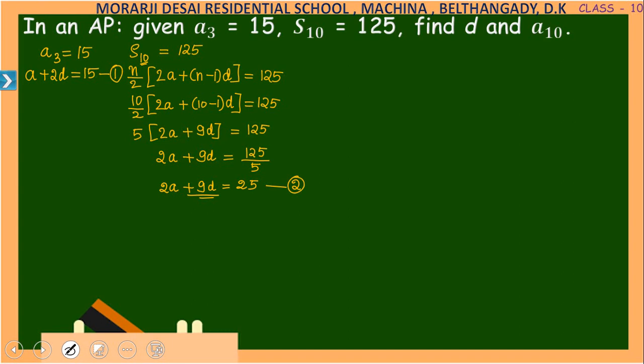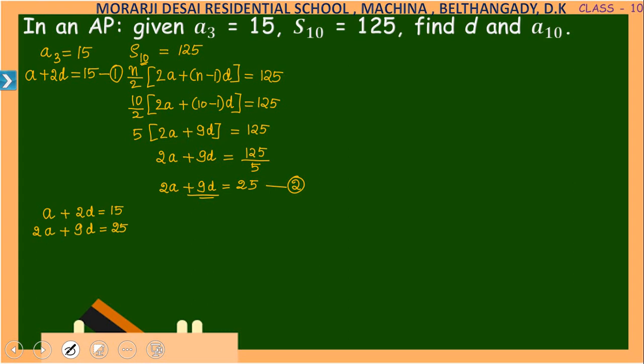You have to solve by the elimination method that you have learnt in pair of linear equations in two variables. Now write one below the other. a plus 2d is equal to 15 and 2a plus 9d is equal to 25.